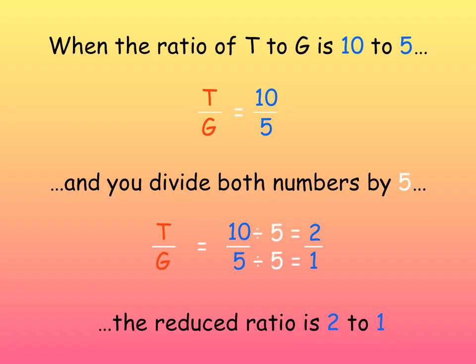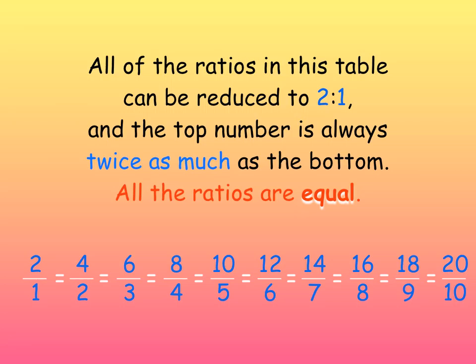The reduced ratio is 2 to 1. All of the ratios in this table below can be reduced to 2 to 1. And the top number is always twice as much as the bottom. All these ratios are equal.